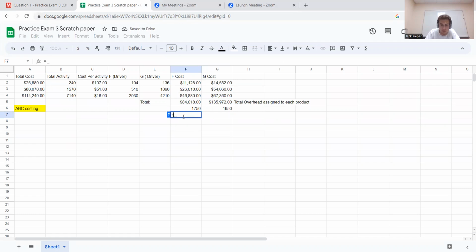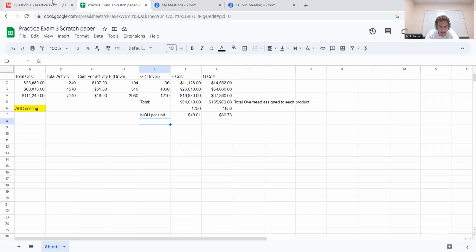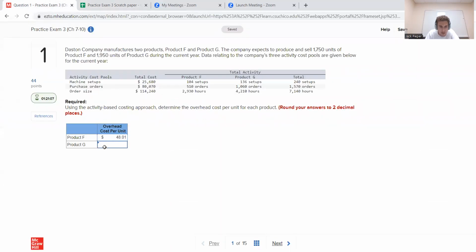Okay, so then we'll do this divided by this and this divided by that. So this is the MOH per unit. Again, that was the total overhead divided by the number of units. So for product F, 48.01 and 69.73 for product G.